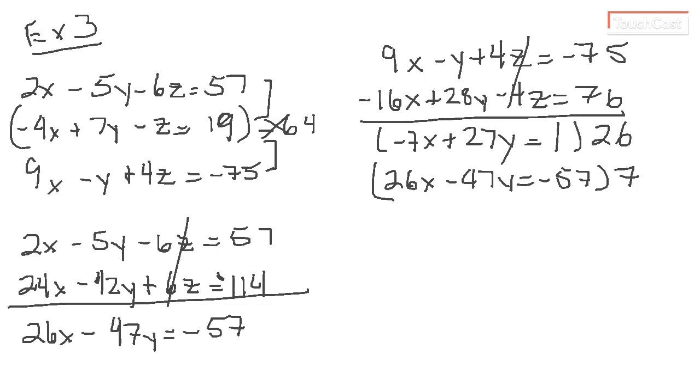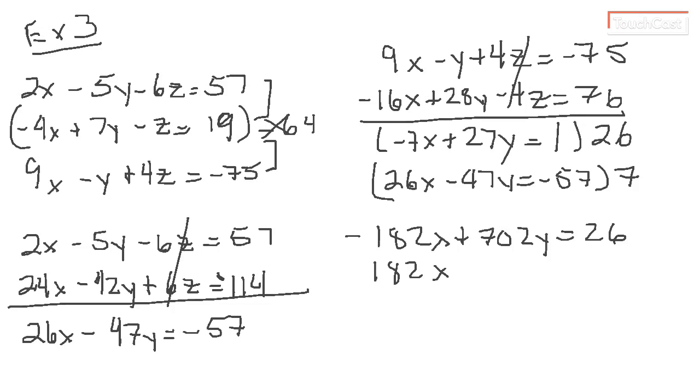What that's going to give me is negative 182x plus 702y equals 26. And then with the second equation, we're going to end up with 182x minus 329y equals negative 399.